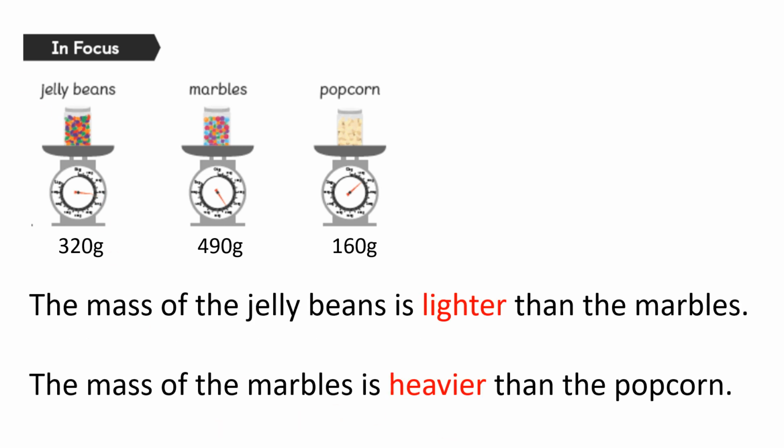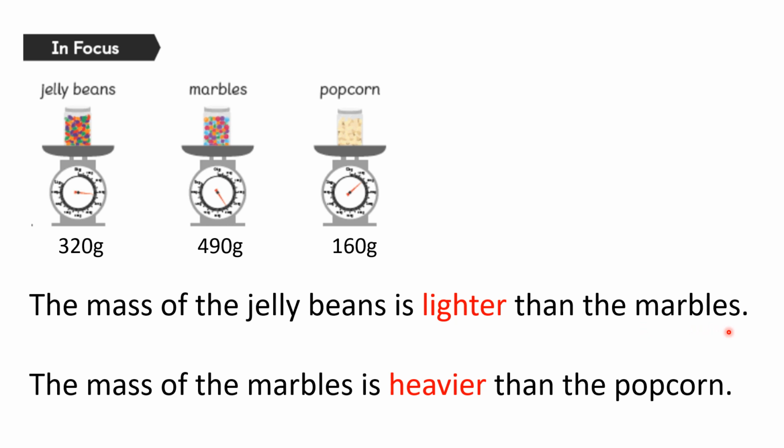Okay, so there were a few different ways we could compare the mass of the 3 jars here. I've written down 2 examples of 2 sentences that we could use. So I've written that the mass of the jelly beans is lighter than the marbles.